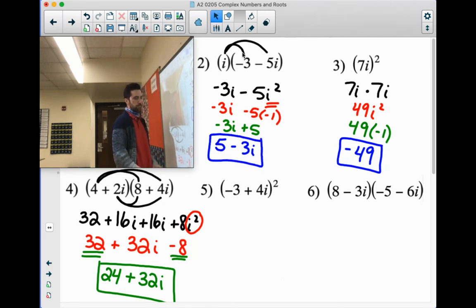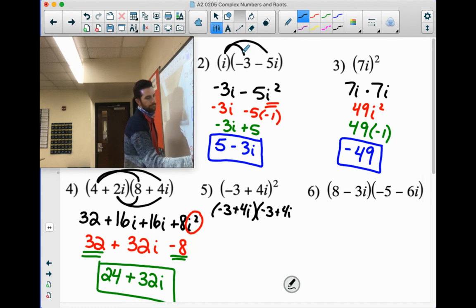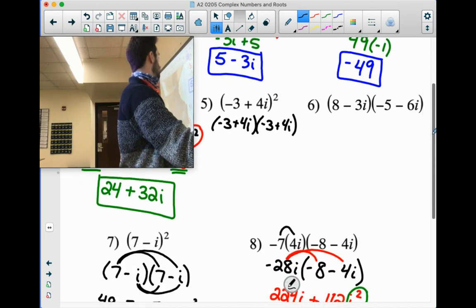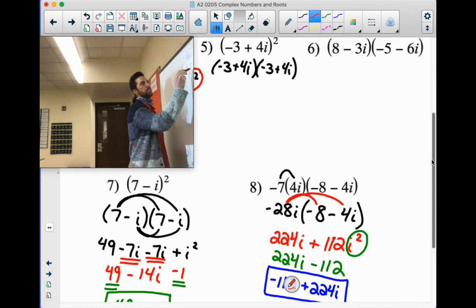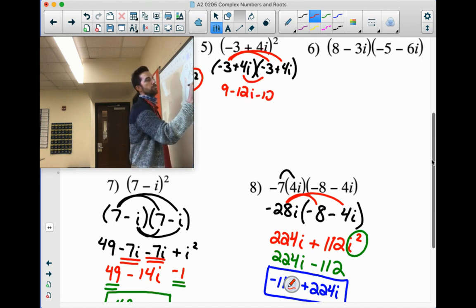For number 5, we have this squared, so I would just write this twice. FOIL. Let me move this down a little bit. So first term's -3 times -3 is +9. Outside we'd have -12i. Inside another -12i.